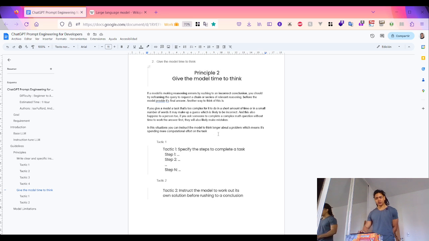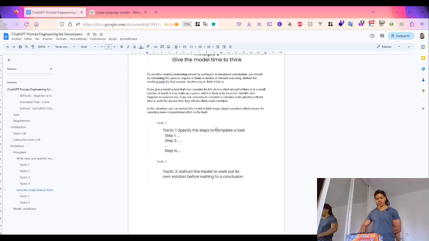So in this situation, you can instruct the model to think longer about a problem, which means it is spending more computational effort on the task.